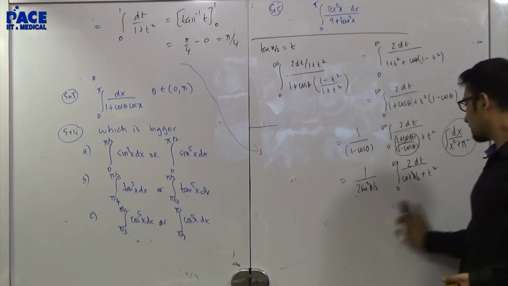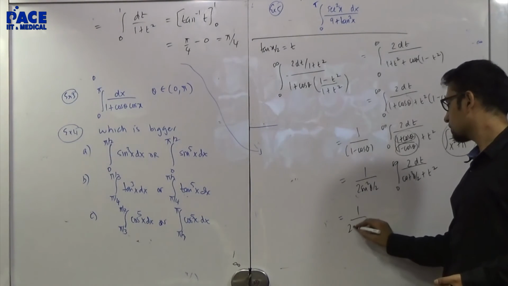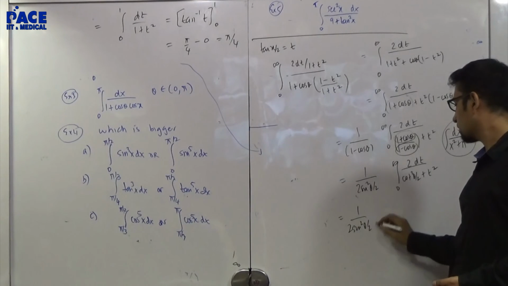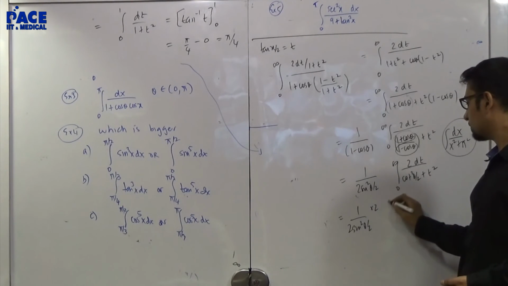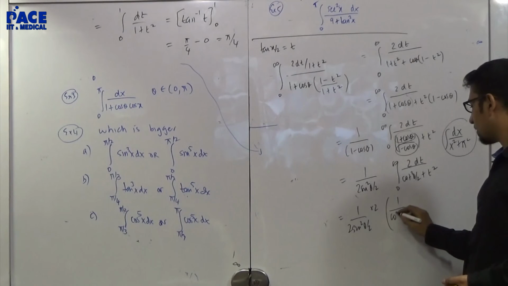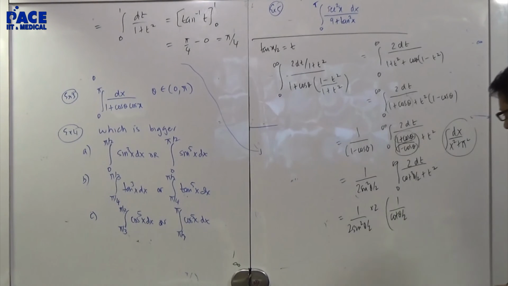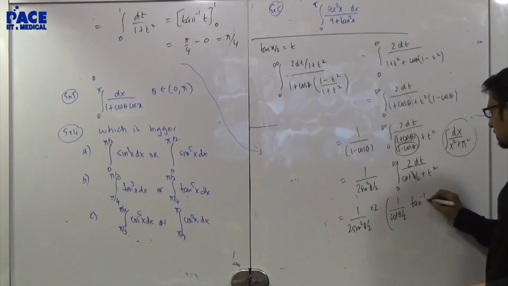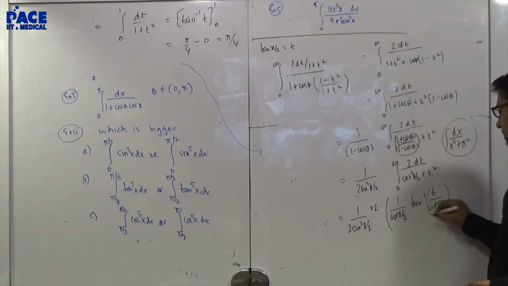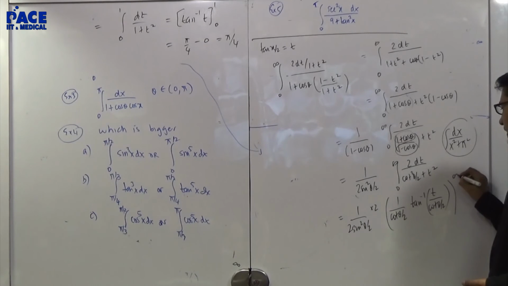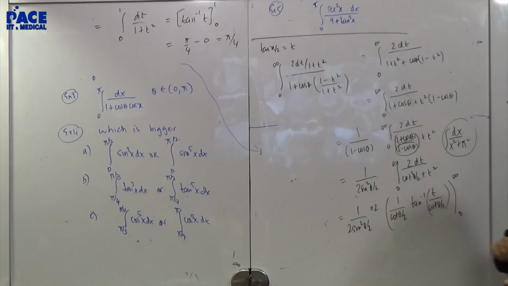Okay, so that will be 1 by a tan inverse x by a, and now we put the limits of t from 0 to infinity.